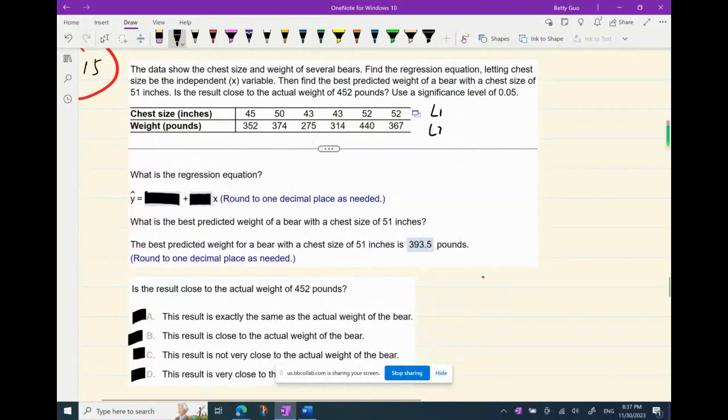Weight, list 2. This is about the bears again. So we're gonna enter the 2 lists and then use the function to find our A and B.